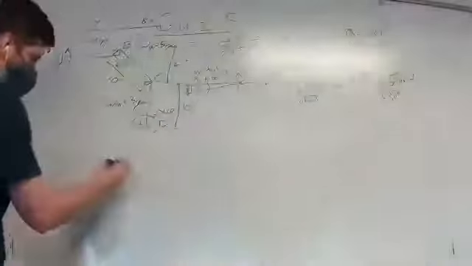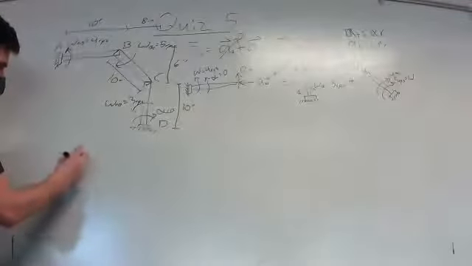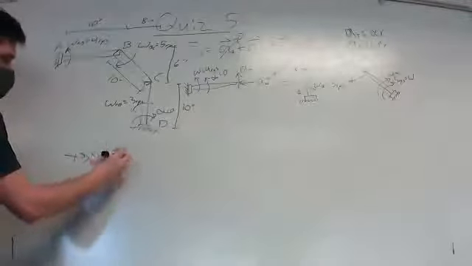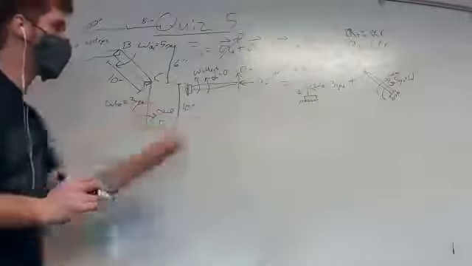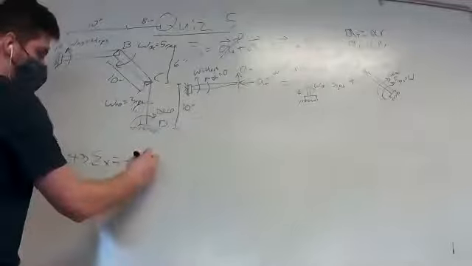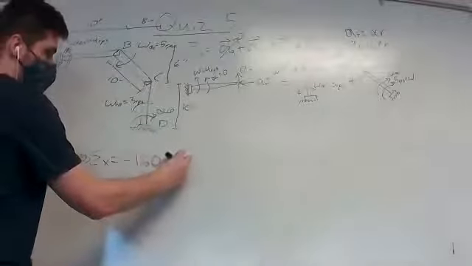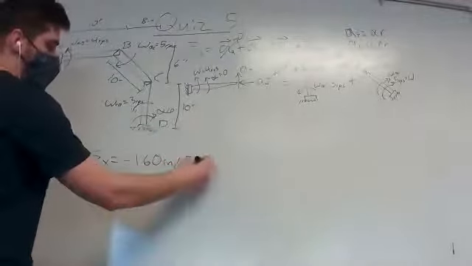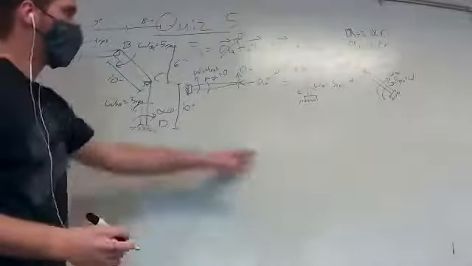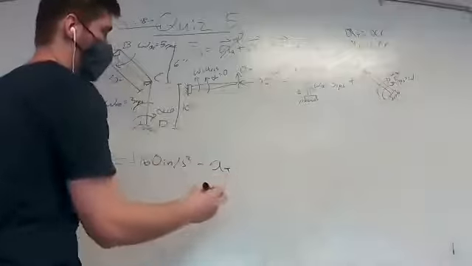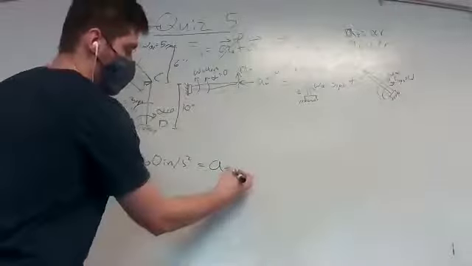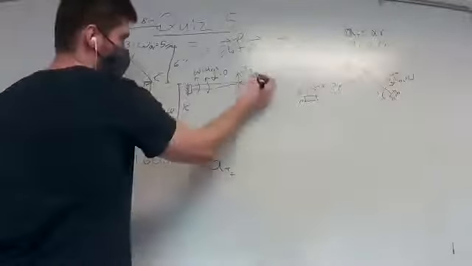So now that we have all 3 of these diagrams set up, we can go ahead and say the sum of the forces in X is going to be equal to AT.